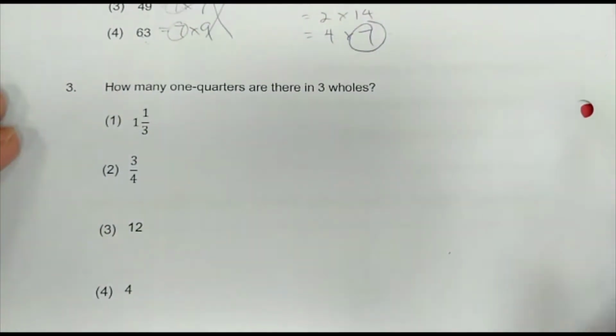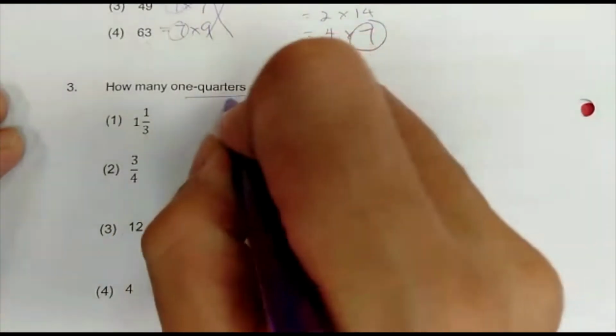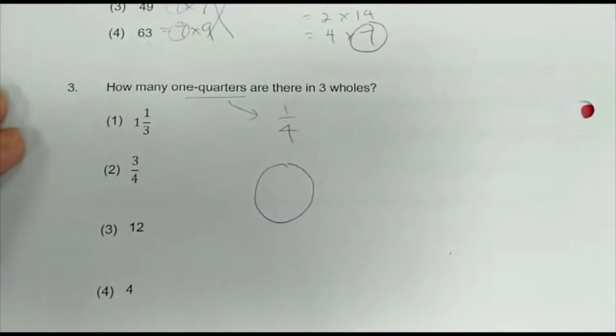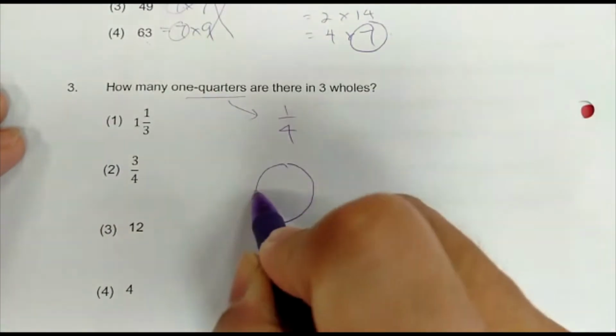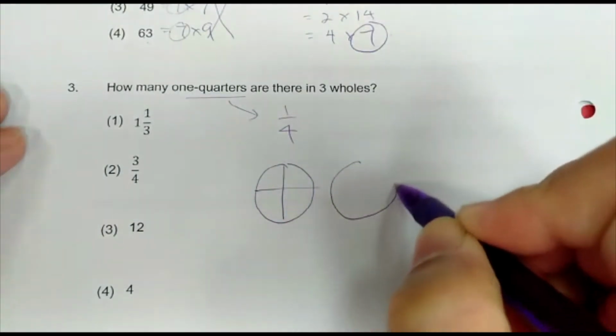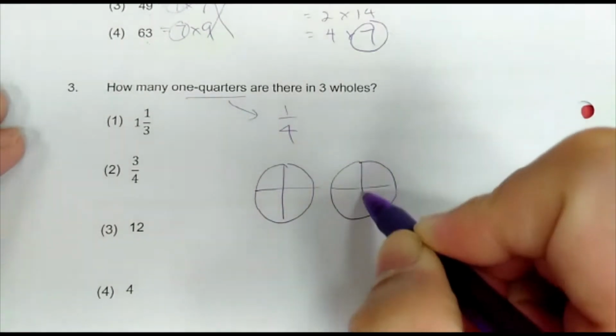Next one, how many quarters are there in 3 wholes? Now, this is 1 quarter. Let's say I have 1 whole. When we talk about quarters, it means I can divide this into a certain number of equal parts. So I can divide this into 4 equal parts. In 2 wholes, I can divide into another 4 equal parts.